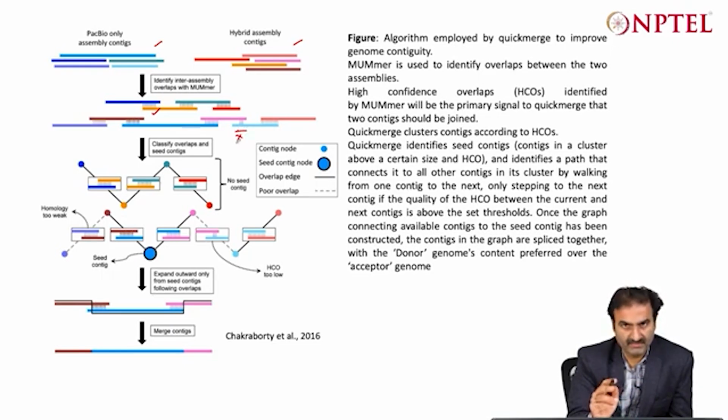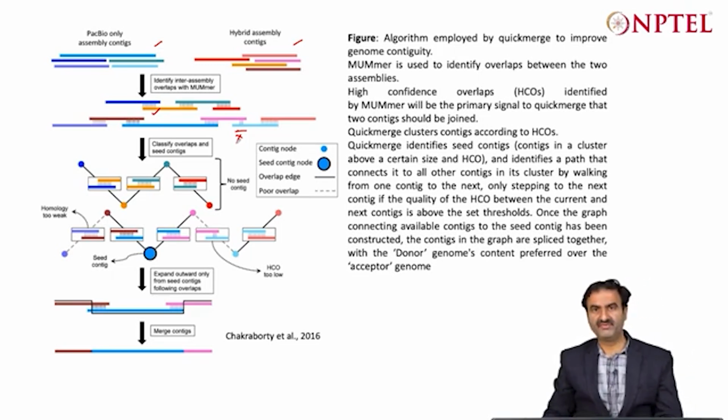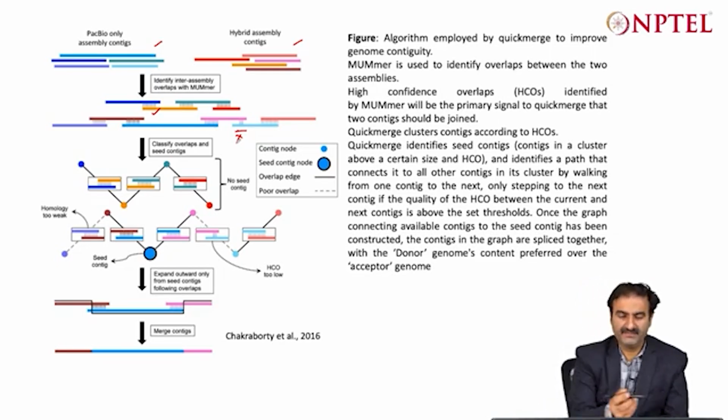That is why it will score them as high confidence overlaps, and places where it could not find a high confidence overlap. It will be using the high confidence overlaps with the longer contigs as the seed contig node and the others as the contig node.